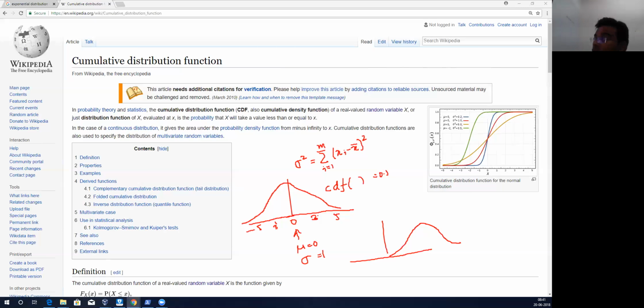The CDF of the standard normal function at the mean is 0.5.